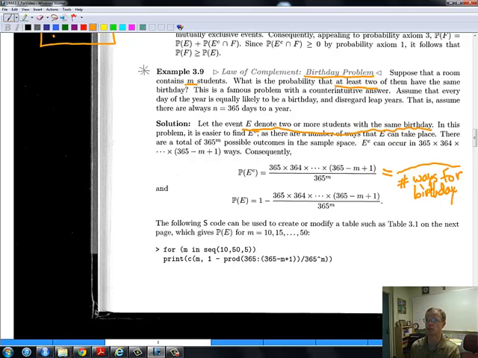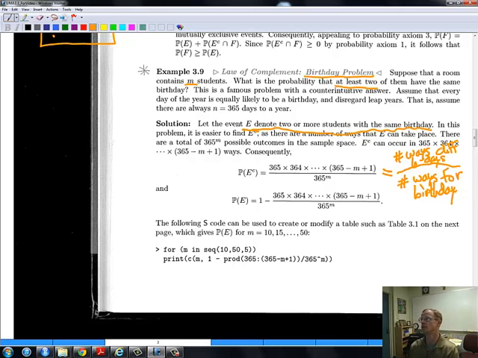This is going back to our chapter 2 of counting, and we're going to have the number of ways to have different birthdays. So the number of ways to have the birthday combinations is just 365 to the power m, and we're going to ignore leap years for this.